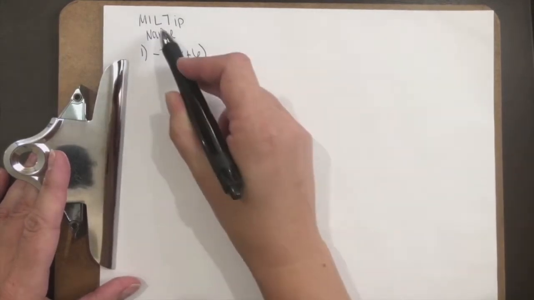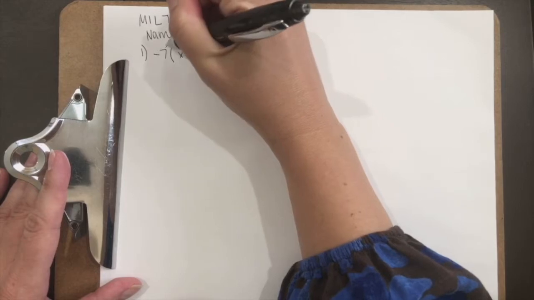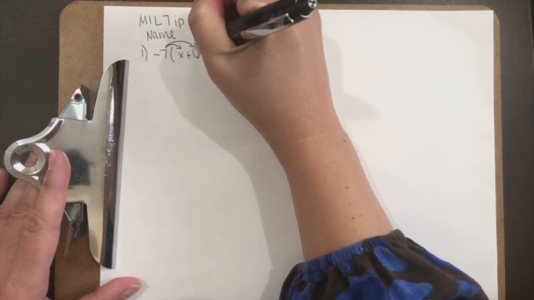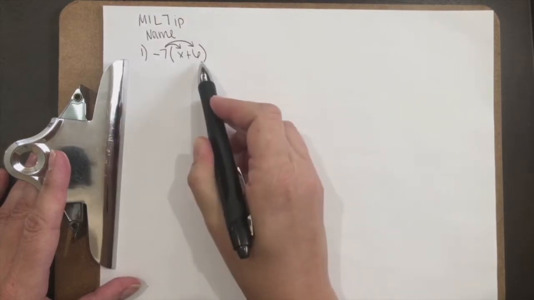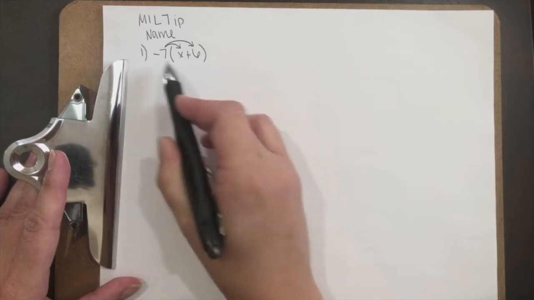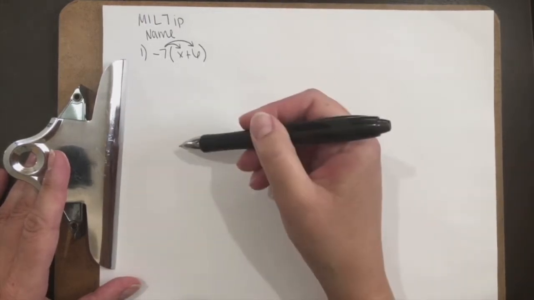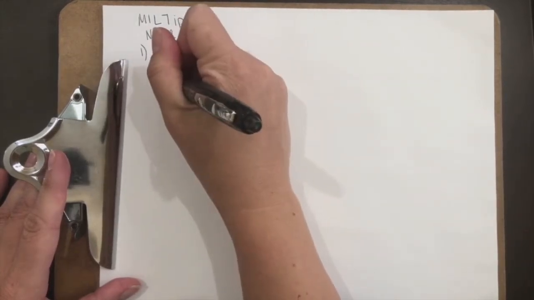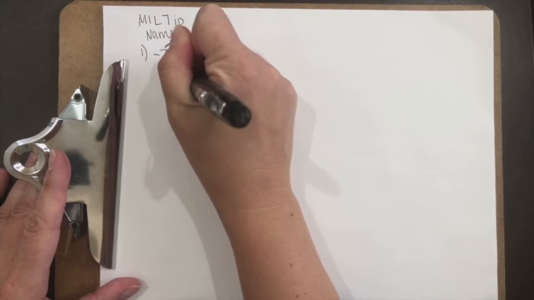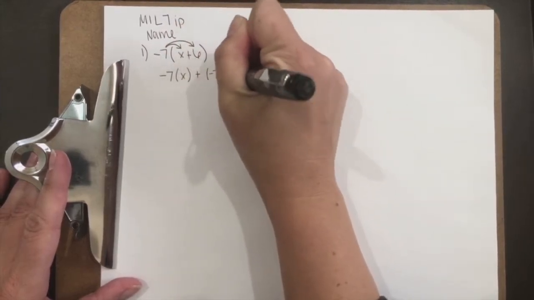And in this lesson, lesson 7, we learned that there's a shortcut where we actually distribute that 7 to the x and the 7 to the 6 and multiply, and that will give us the same answer as if we wrote x plus 6 7 times and then added everything up. So it's like a shortcut. So we'll do -7 times the x plus -7 times the 6.